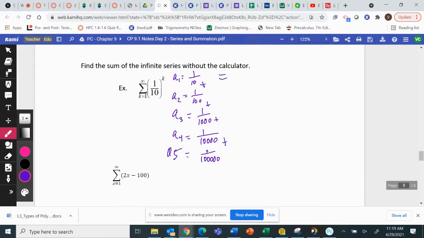So this is just like 0.1, and this is 0.01, and this is 0.001, and this is 0.0001, and this is 0.00001. So the more we add on, we're just going to have 0.1 repeating. That is a fraction.